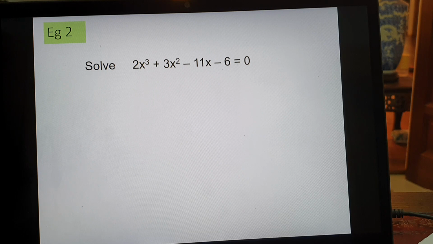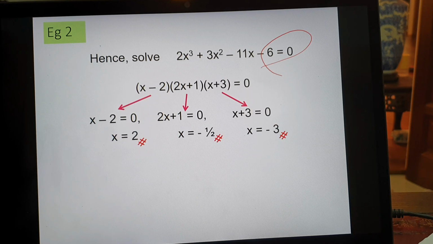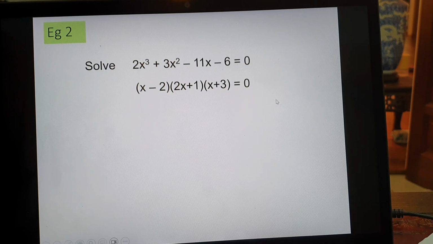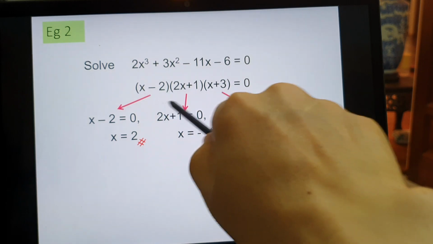Okay, next let us try and do one more. You can go and try on your own, then after that come and check the answer. But firstly, no, sorry, this was the same question just now, right? They're just trying to tell you that when you solve this, you get this. Now you cannot just straight away come here.